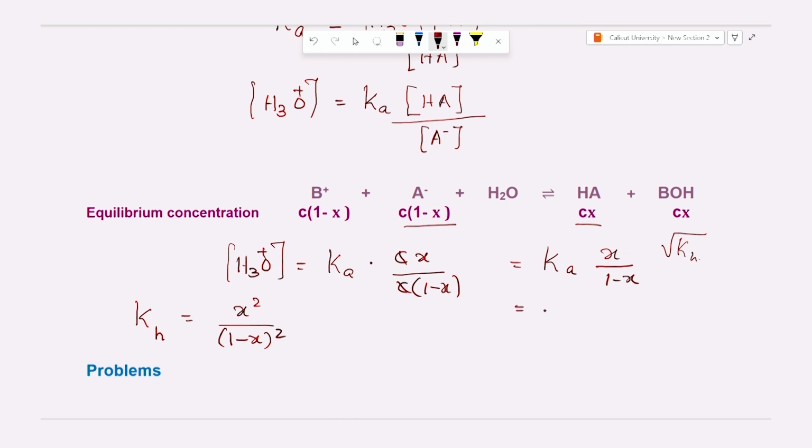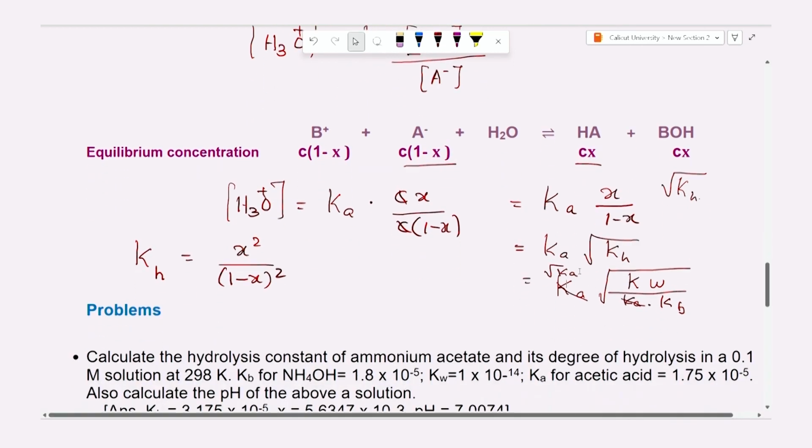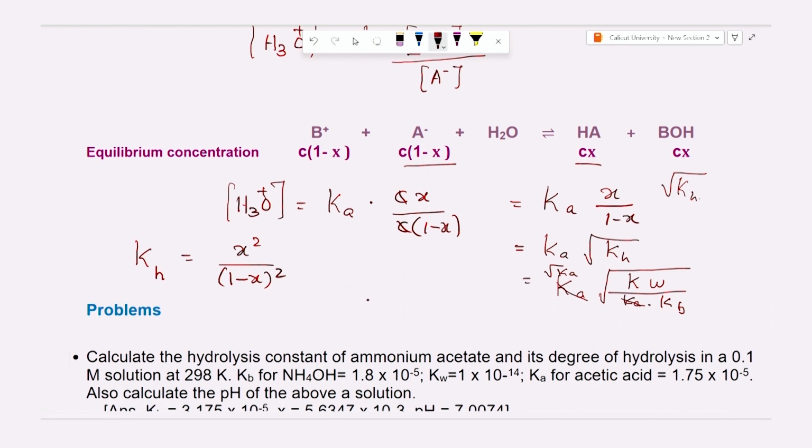So, I can put it as Ka into root of Kh, again substituting for Kh, Ka into root of Kw divided by Ka into Kb. This was an expression for Kh when both acid and the base were weak. Here this Ka gets cancelled as root Ka.